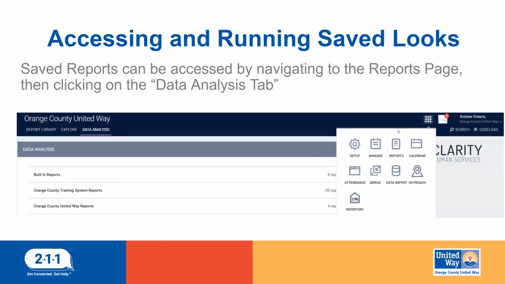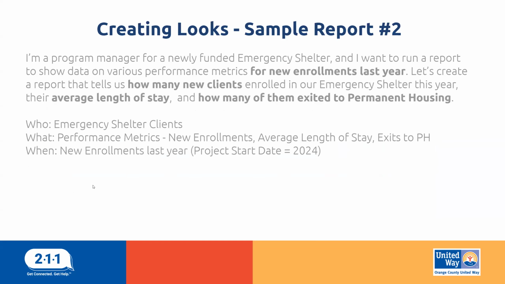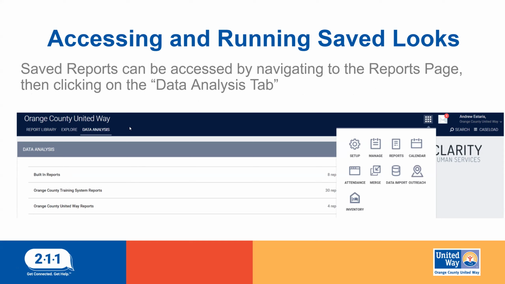After you get that button, just go into the data analysis tab, and it should be saved under your Orange County United Way, your agency name reports folder. And that's about it for the basics about creating a report.